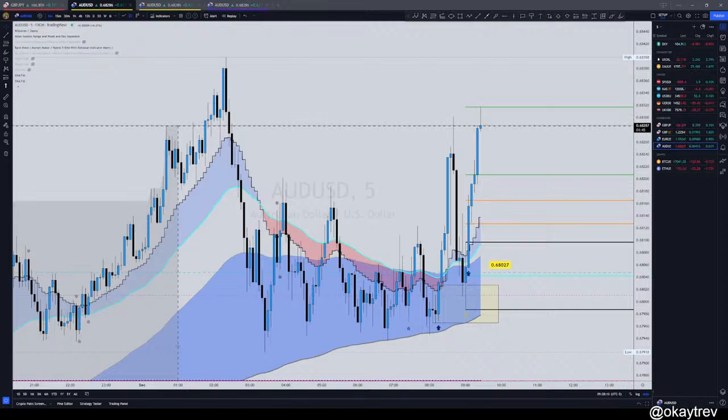So if you measure the rejecting candle, yep, he measured it exactly like I did.